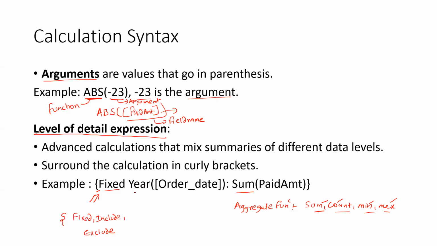And then we provide the field name, and then we give the aggregate function. This is my aggregation. So on the basis of year of order date, it will take the sum of paid amount.